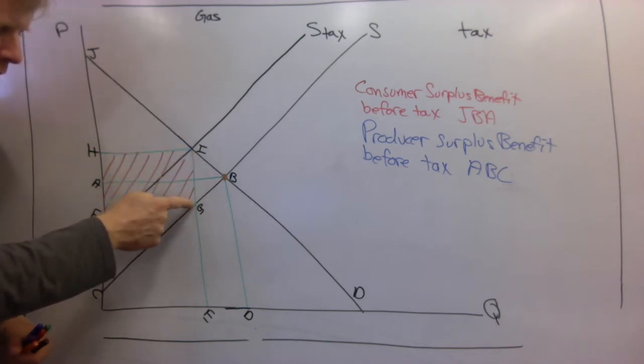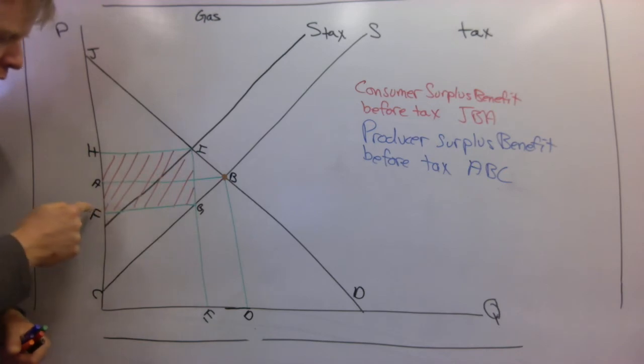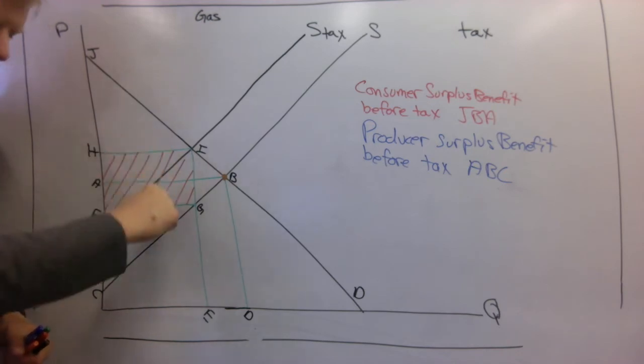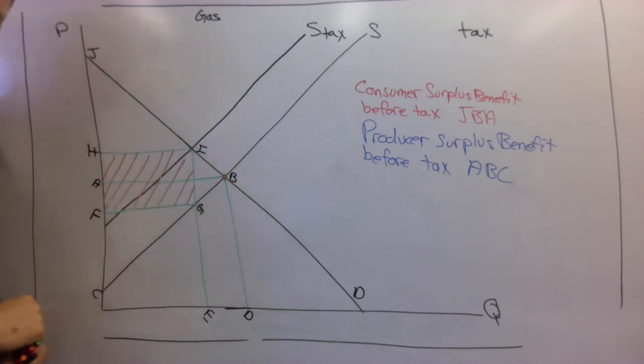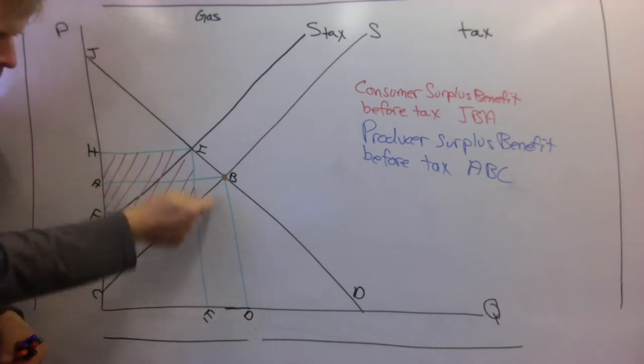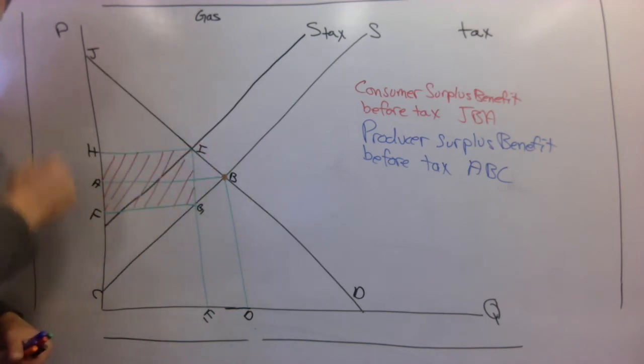The tax is equal to the distance between G and I, or between F and H in price. All of this is the increase in price due to the tax, right? F to H or G to I, it's the same distance. That's equal to the tax.